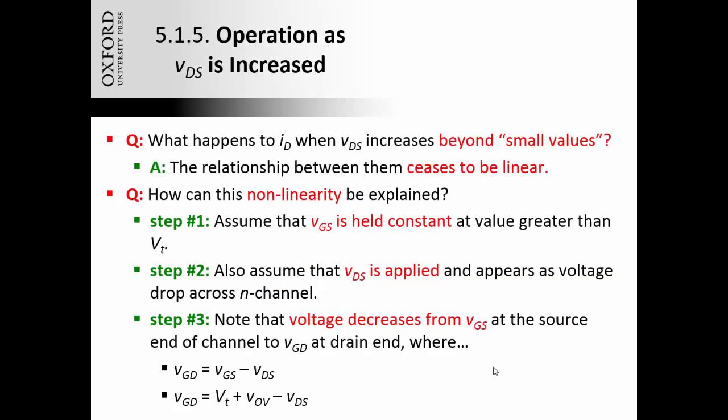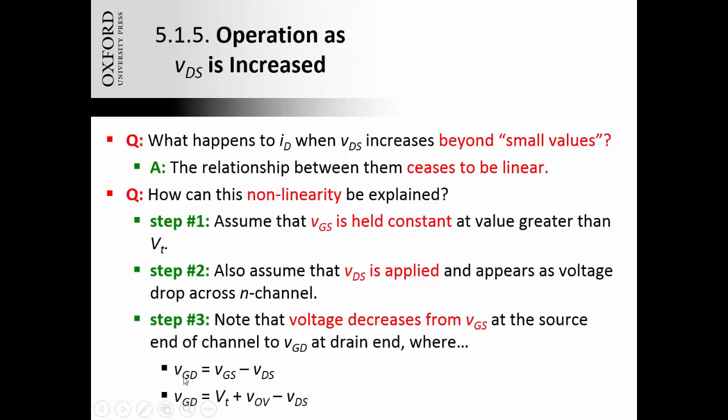Now, what happens when we look at a larger VDS? Obviously, to make this device useful, we're going to have to operate it with higher VDS. Well, we can no longer assume that the voltage across the channel from source to drain is constant. And we see that here in the last equation.